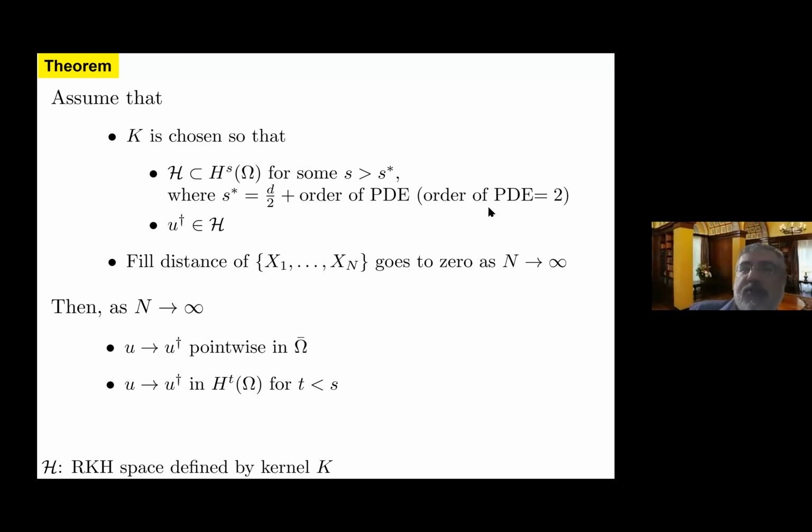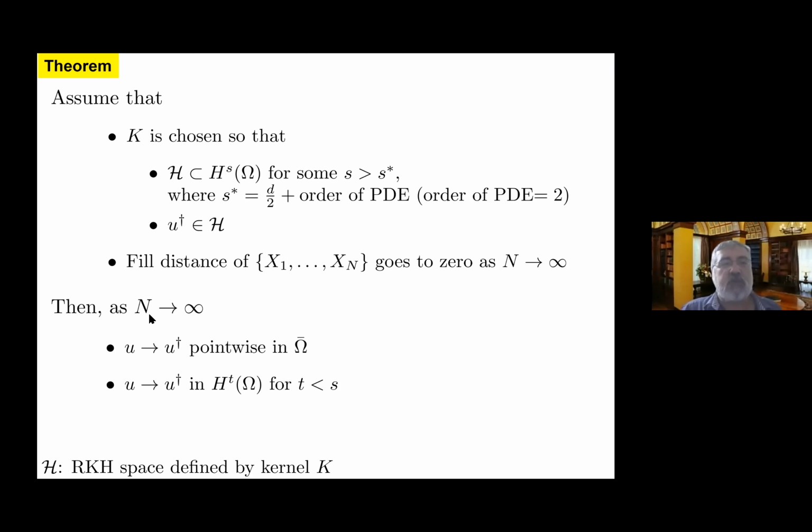We need that condition to ensure that the PDE can be defined pointwise for the elements of that RKHS. Assume that the solution of the PDE belongs to that RKHS. And assume that the fill distance between collocation points goes to 0 as the number n of those points goes to infinity.